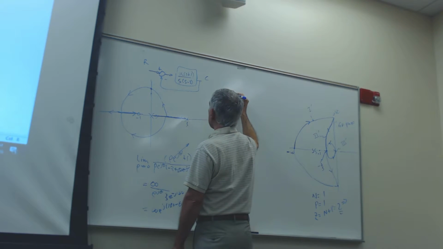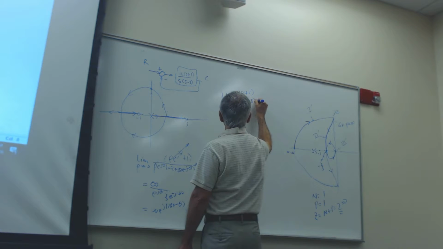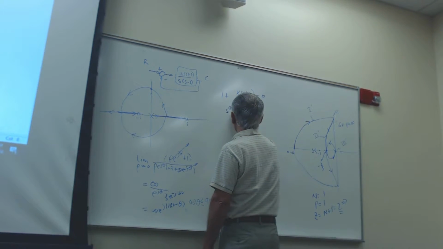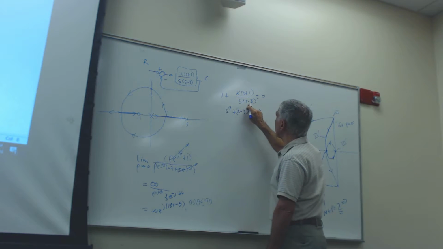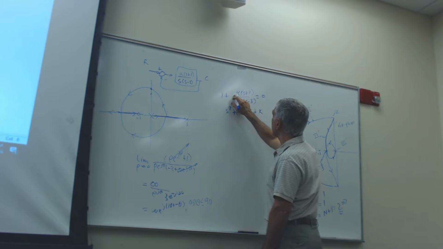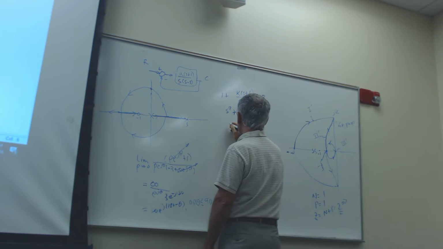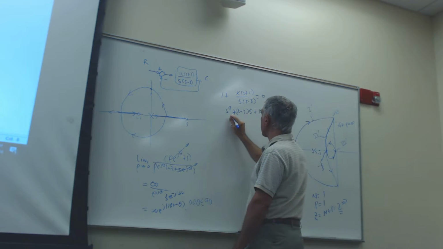What we'll get is, let's see, 1 plus K times (s plus 1) over (s minus 3) equals 0. That's our characteristic equation. So we get s squared minus 3s plus Ks plus K. So that's s squared plus (K minus 3) times s plus K.